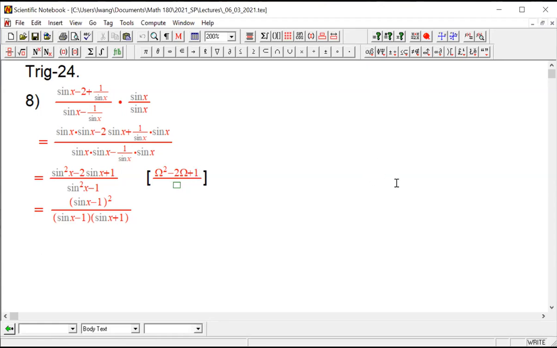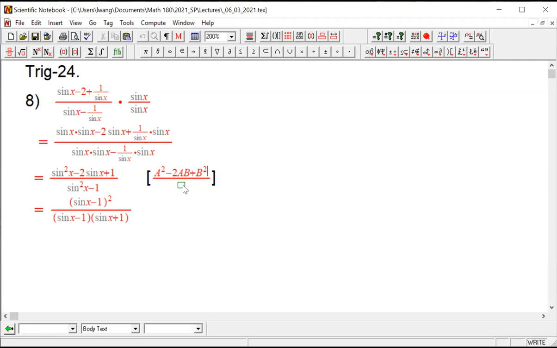That's a perfect square, isn't it? It's a squared minus 2ab plus b squared. You see how these basic things just show up here and there? Do you guys follow me?